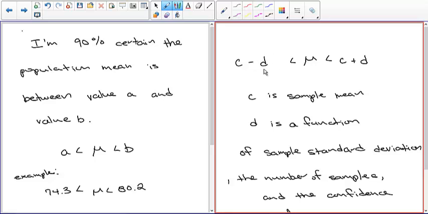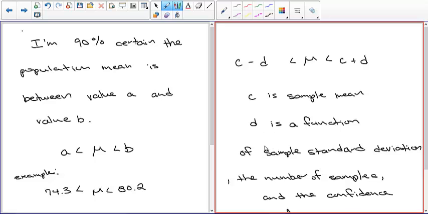So we have to determine what that something is. And that something is going to be dependent upon the standard deviation of the samples that we test, the number of data points that we test, and how confident we want to be about this range of numbers, including the population mean.